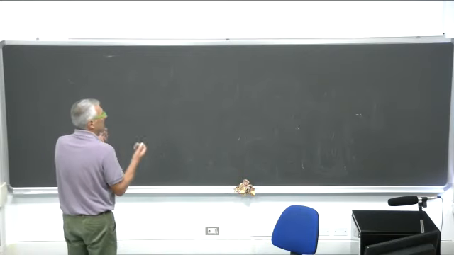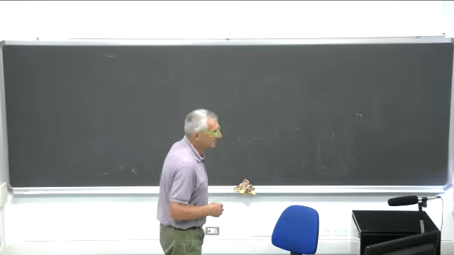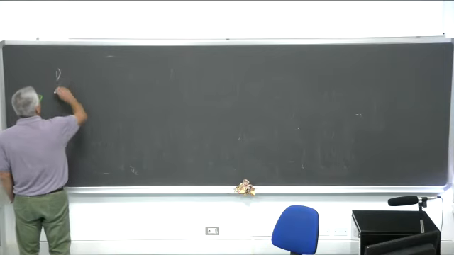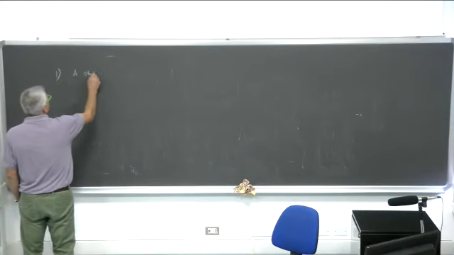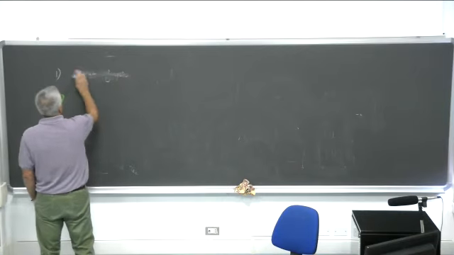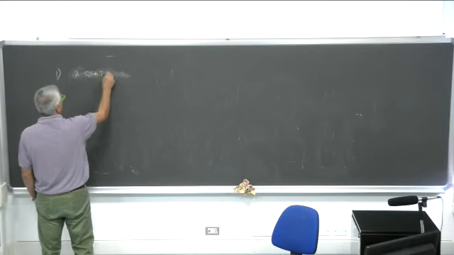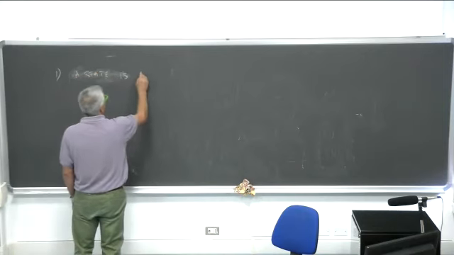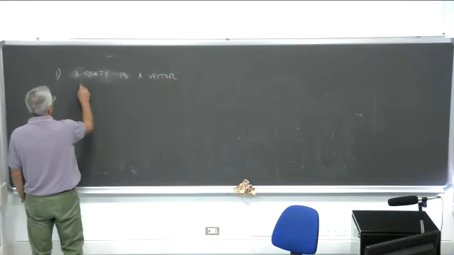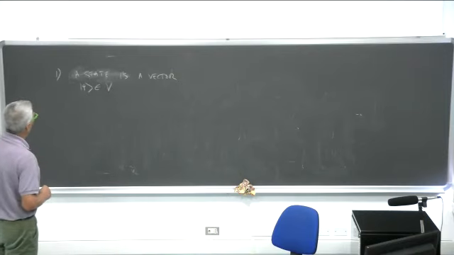What are the principles on which quantum mechanics is based? So the first one, we already said it: a state of a system is a vector, say V, or let me put it psi, of some vector space.